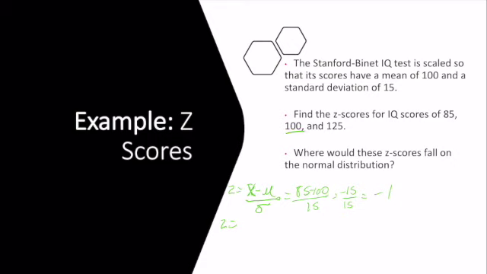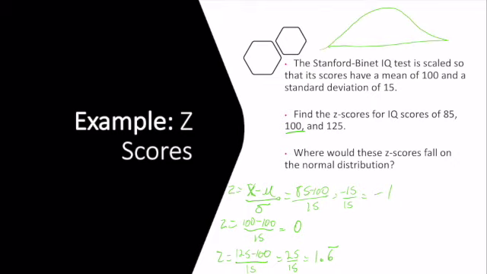When I have an IQ score of 100, I take 100 minus our population mean, which is also 100, divided by 15. That's going to give me 0 over 15, so I have a Z-score of 0. And if I have an IQ of 125, 125 minus 100 over 15, that gives me 25 over 15, which is 1.6 with a bar over it.